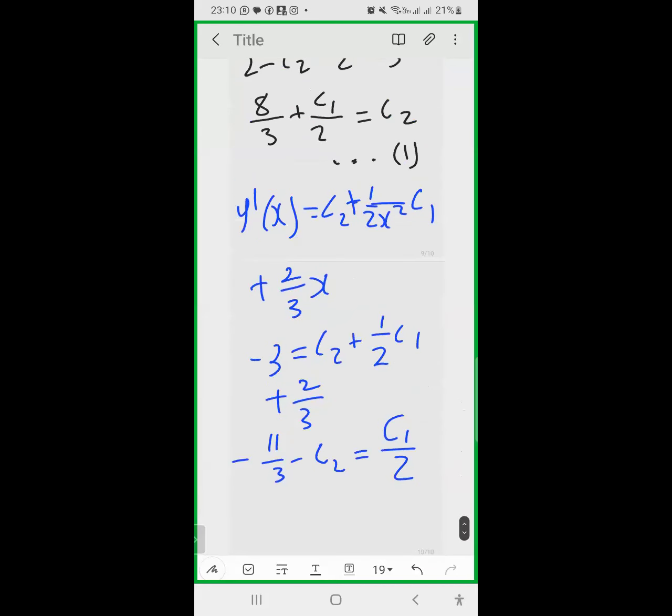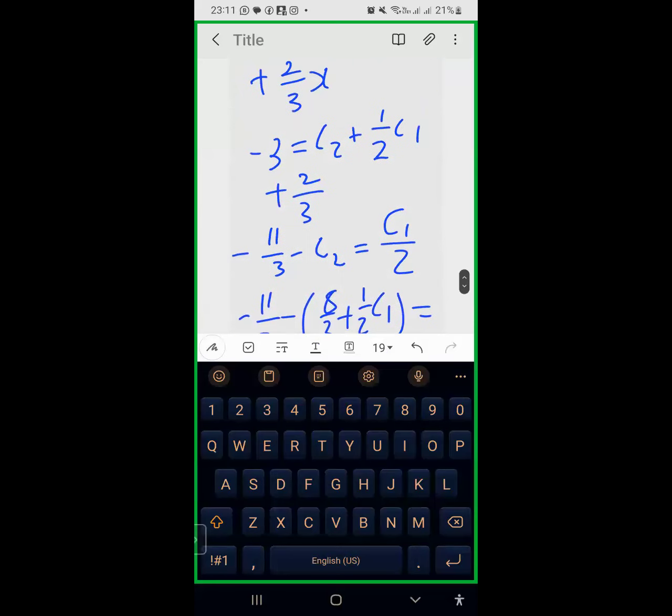So let's go and substitute it. So this will be minus 8 over 3 plus half c1 equals c1 over 2.